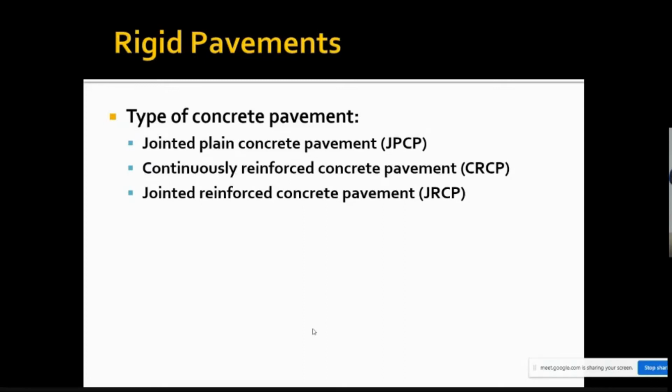Type of concrete pavement. This is rigid pavement. Okay, now earlier was flexible pavement, now is rigid pavement. Type of concrete pavement. Concrete depends on the project. You have learned, we have different grades of concrete, 20, 30, 40, even we have 50.